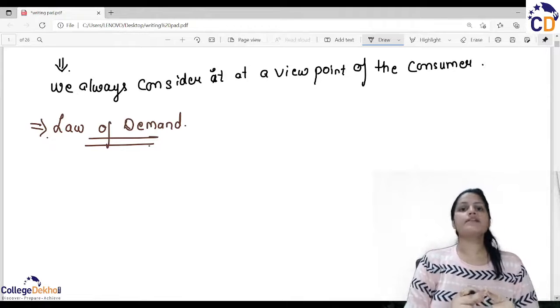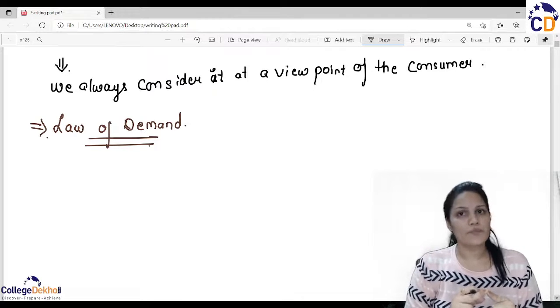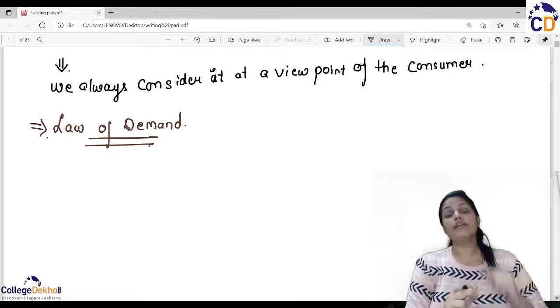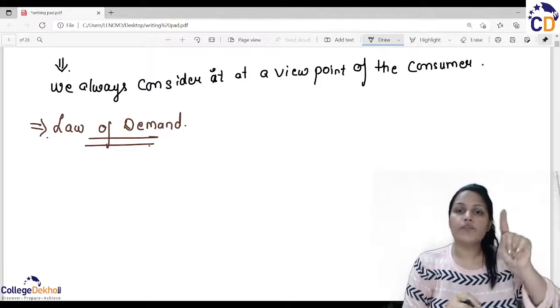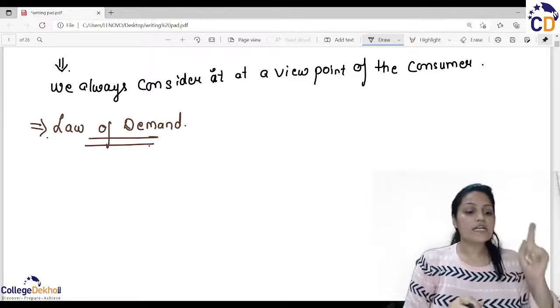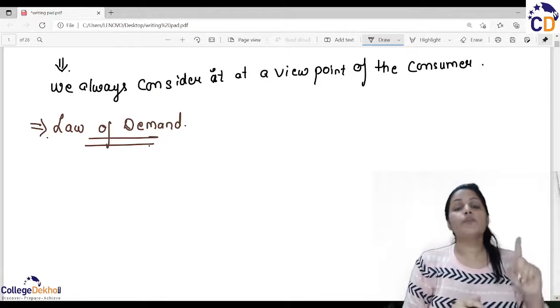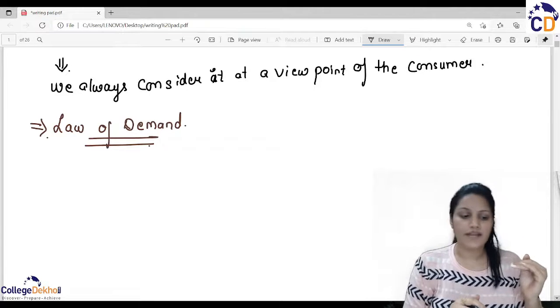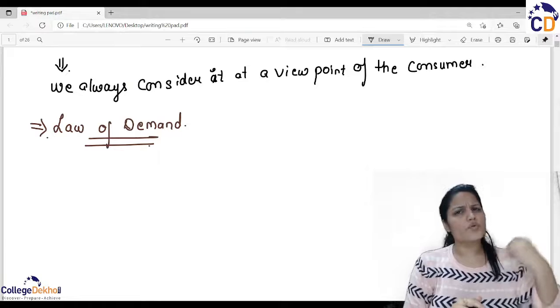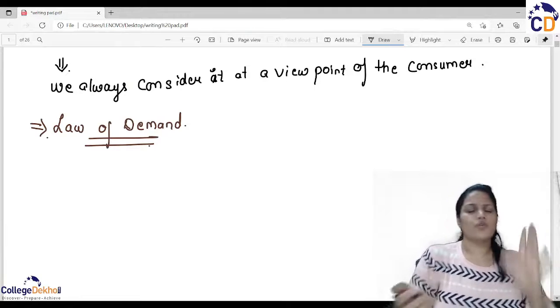So here demand is a desire or willingness to buy. So here the law will be created only because of the consumer's mind. A consumer is ready to purchase less when the price is high and purchases more and more when the price is low.